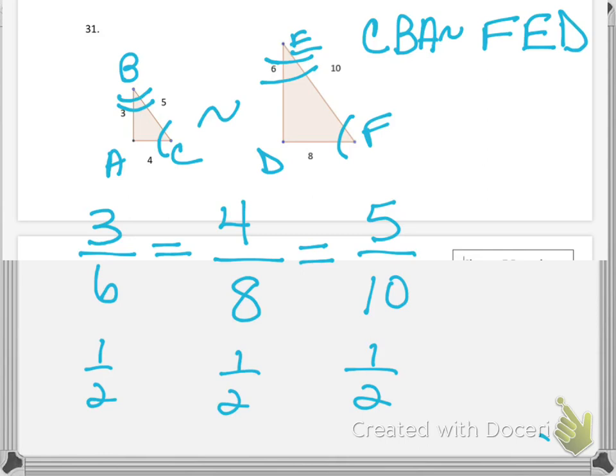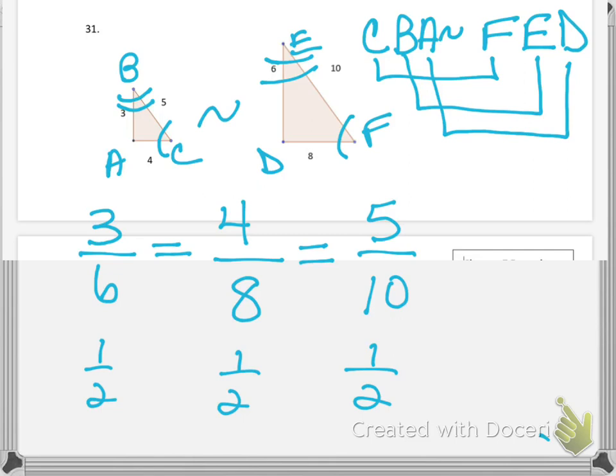So you can say that you have similarity statement CBA is similar to FED. All right? So those are our similarity statements. They don't always have to be identical, but you have to have angle C aligned with F, angle B aligned with E, and angle A aligned with D.